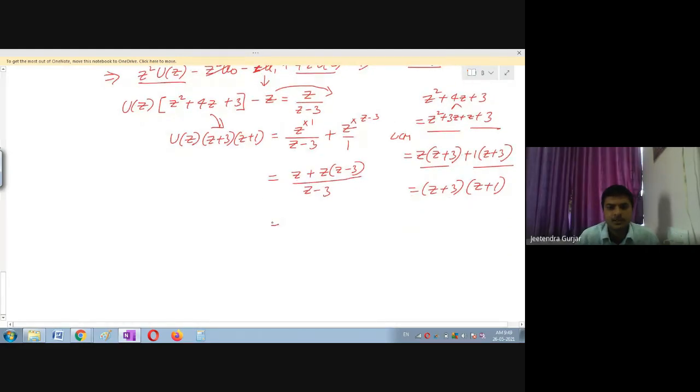This is equal to Z plus Z square minus 3Z, divided by Z minus 3 as it is.